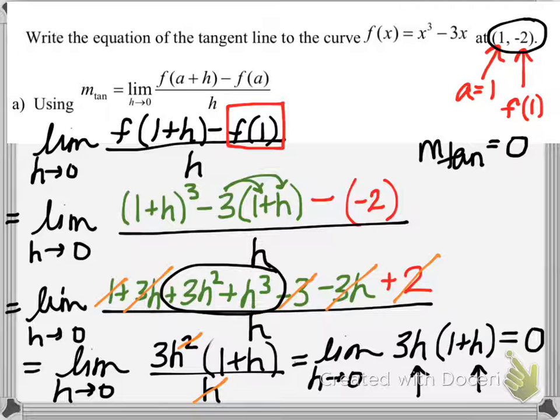Now let's think about what this actually means, and you could use your graphing calculator to graph the function, or if you just realize that it's a cubic, so it has an S shape. If a line has a slope of 0, then that means that the line must be horizontal.